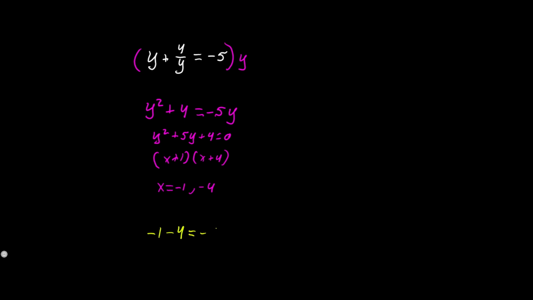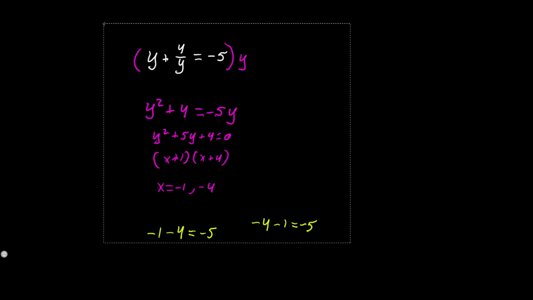And that equals -5, which is indeed true. Now for -4, we're going to get -4 minus 4 divided by 4, which is 1. And since it's negative, we get -1, which does indeed equal -5. So we see that our two equations are true, and we know that -1 and -4 are solutions to our rational equation.